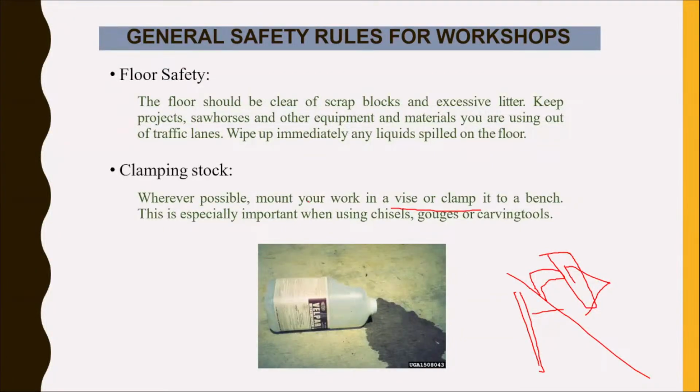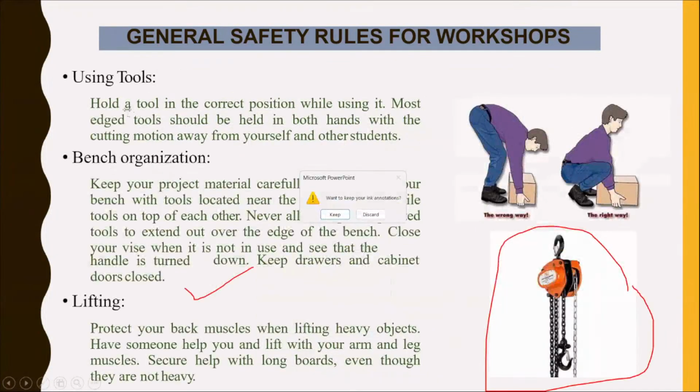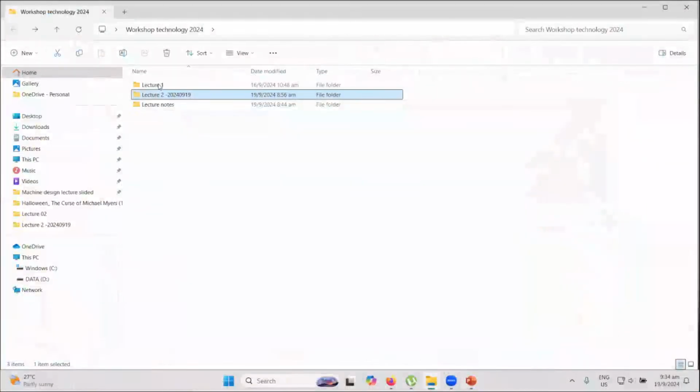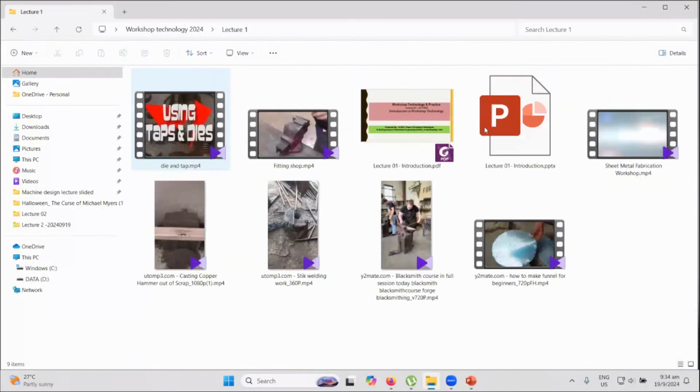Clamp in stock. Whenever possible, mount your work in the vice clamped to a bench, right? I think in the last lecture, I told you that we are using a vice. I will show you what I mean by vice. I think you may have remembered, right? This one.